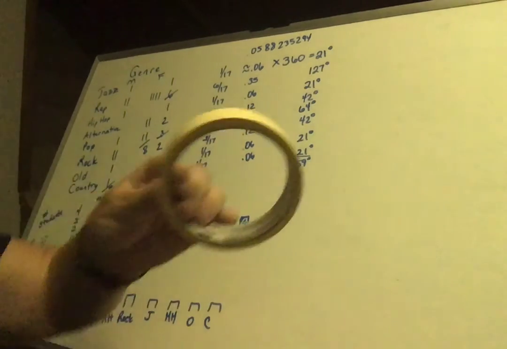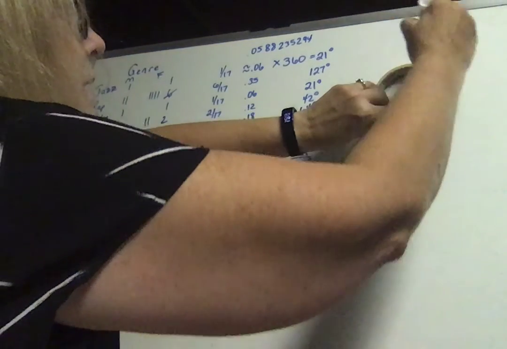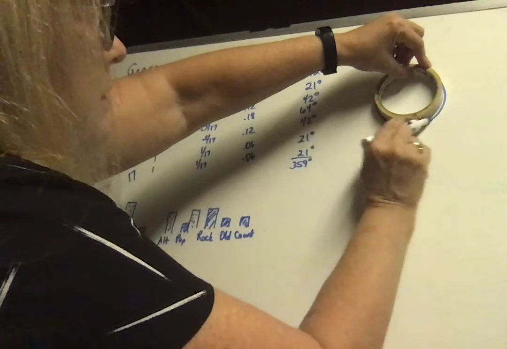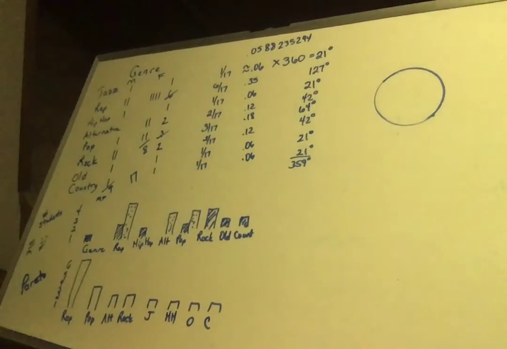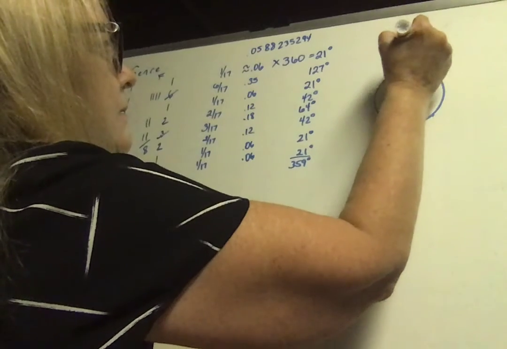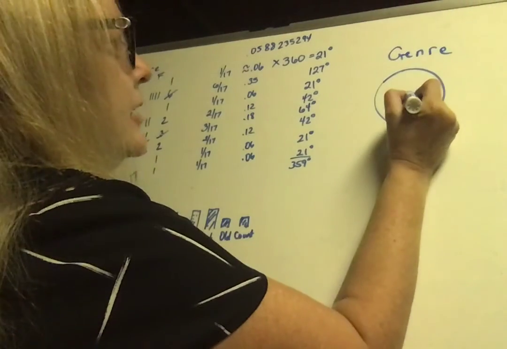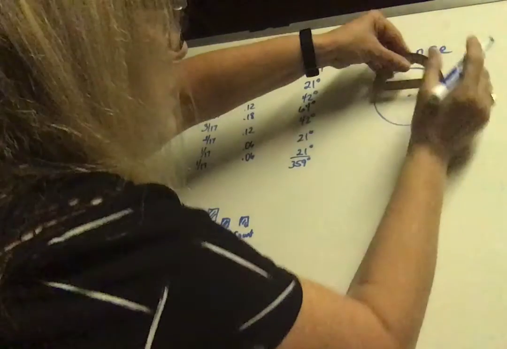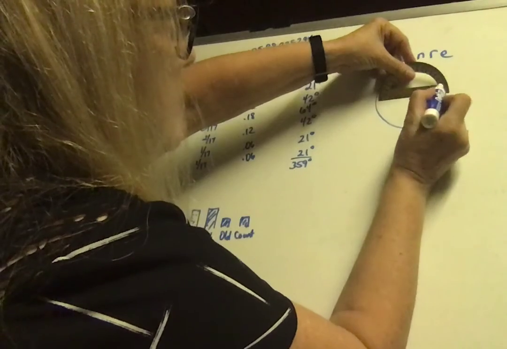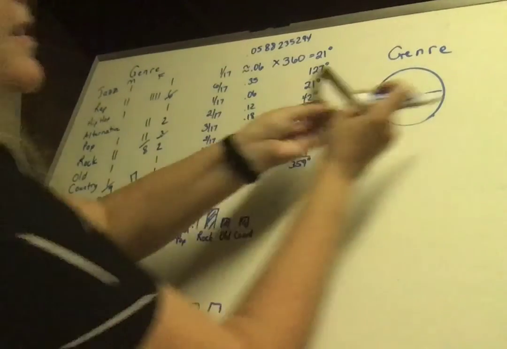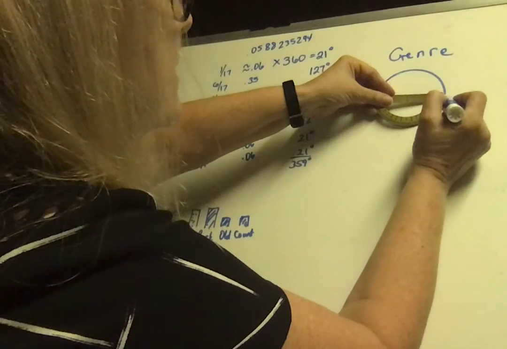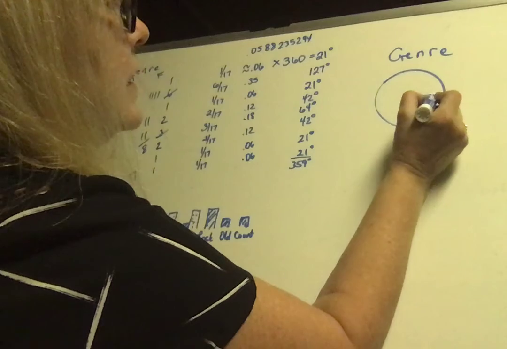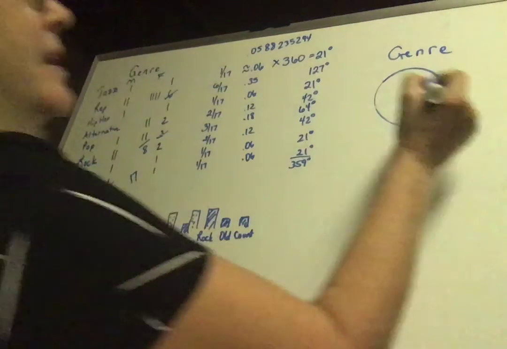So I just used anything I happened to find. I had a piece of masking tape, and that gave me enough that I could start a circle for a circle graph. And so this was genre. You have to have the center marked, I'm estimating. And you start with a radius. And then you measure from that radius. The first one is 21 degrees, jazz.